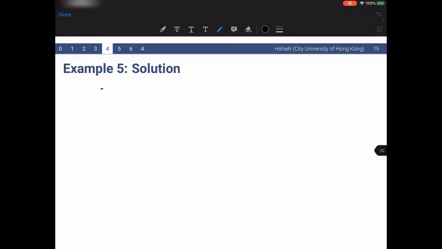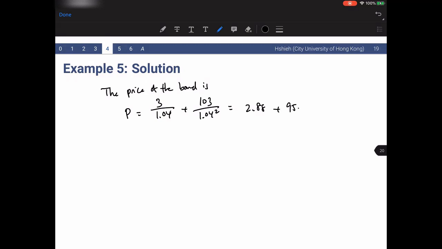So the price of the bond is P equals 3 divided by 1.04, that's the year 1 cash flow payment, plus 103 divided by 1.04 squared, that's the second year cash flow payments. So that's going to give us a price of $98.11.